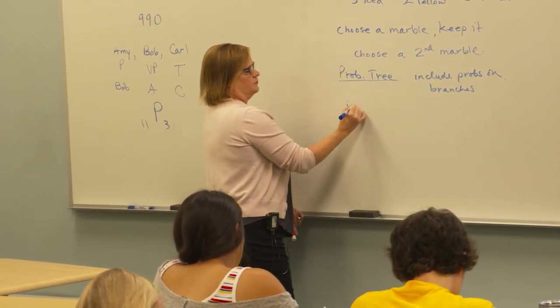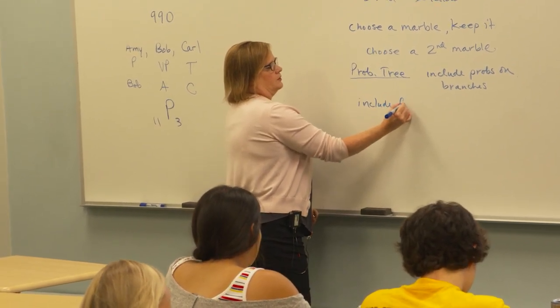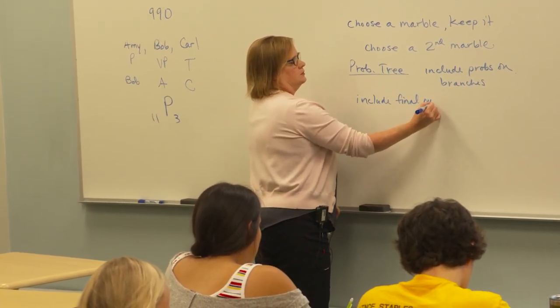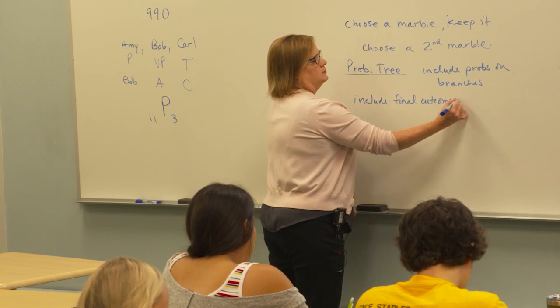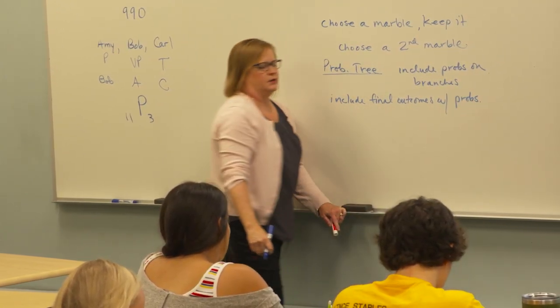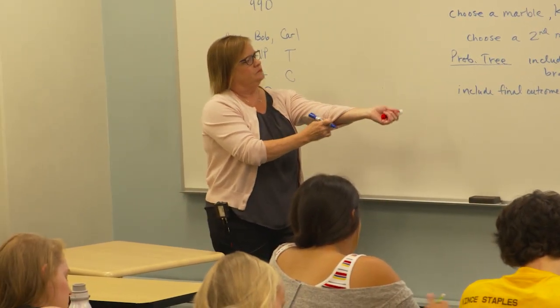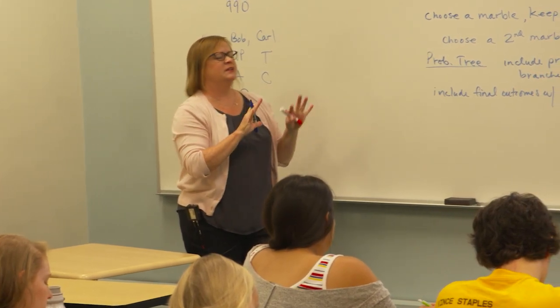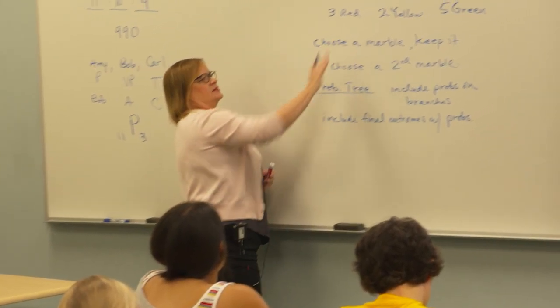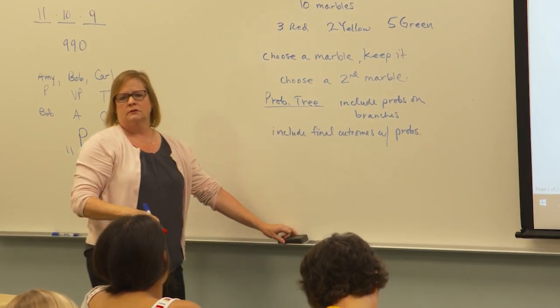Also, include the final sample space, the final outcomes with their probabilities. So there's quite a bit to it, other than just drawing the branches. But I only care about color. They're all the same except for color. So I don't care which red I get, it's just that it's red.